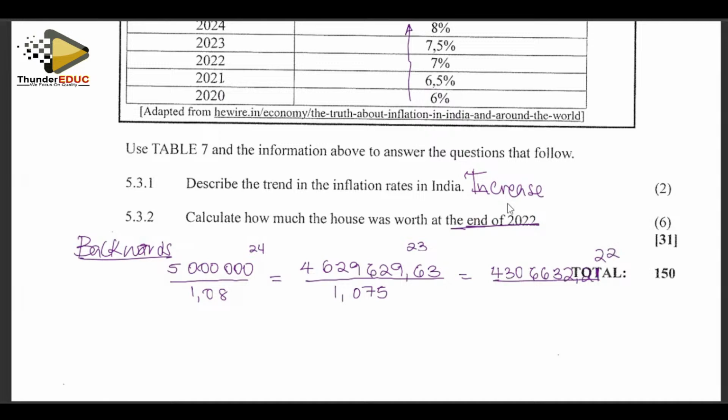Sorry, 2022. Asking how much was the house worth at the end of 2022. I thought it was this much. That marks the end of our discussion. Thank you very much.